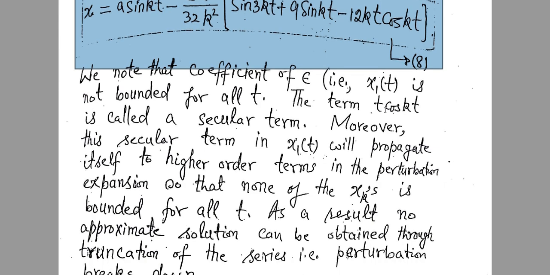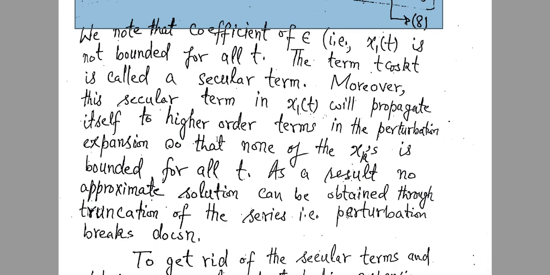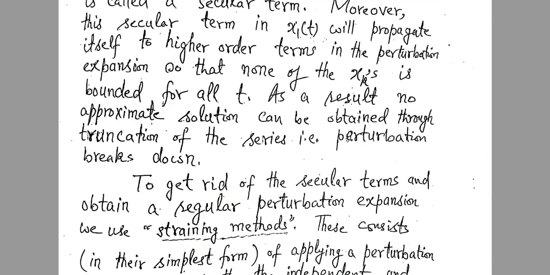Such a type of term is known as the secular term, and this propagates itself to higher order terms in the perturbation expansion, so that none of the xk's is bounded for all t. As a result, no approximate solution can be obtained through truncation of the series, that is, perturbation breaks down, because for larger values of t this term is unbounded.